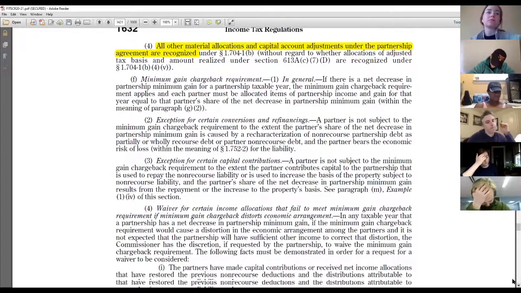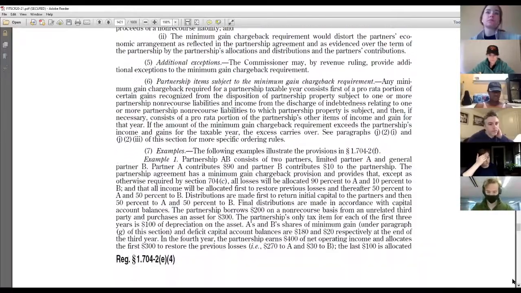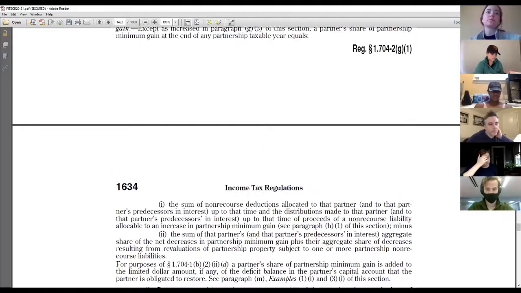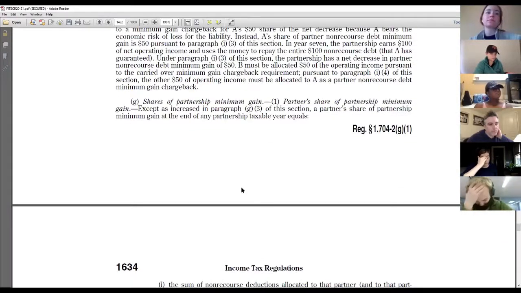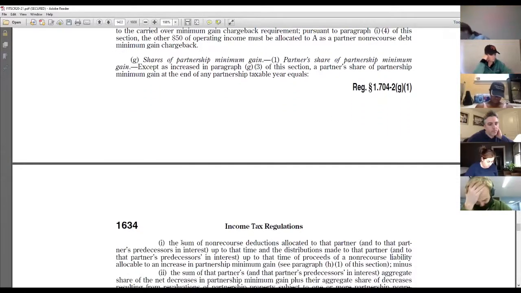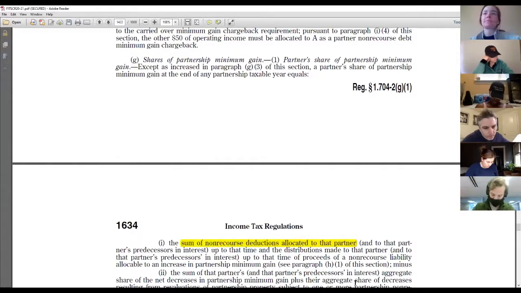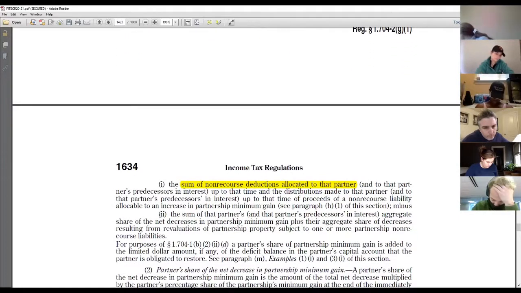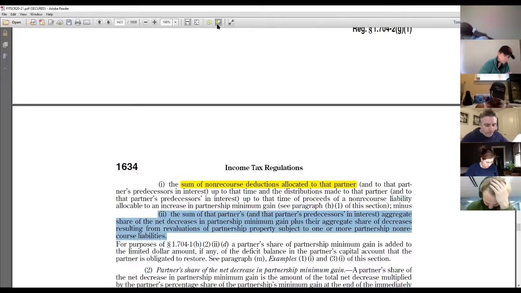Dash 2G. We haven't looked at G yet. G is calculating the partner's share of minimum gain. We've already talked about this, but it's generally equal to the sum of non-recourse deductions allocated to you and which have not been charged back. This is what tells you to reduce your share of minimum gain once it's been charged back. You don't double count effectively.